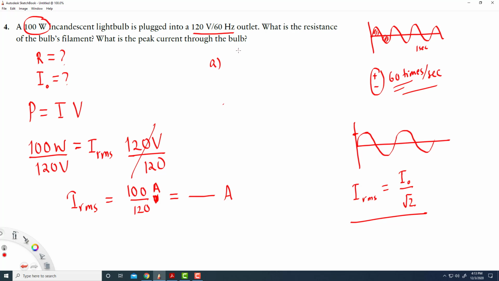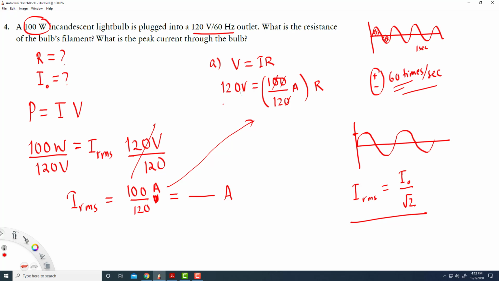So we know Ohm's law. Again, use Ohm's law. V is equal to I times R. So V is 120 volts, I is 100 over 120 amperes, and that times R. Then you can do the math here to get R. So 0 and 0 cancel.